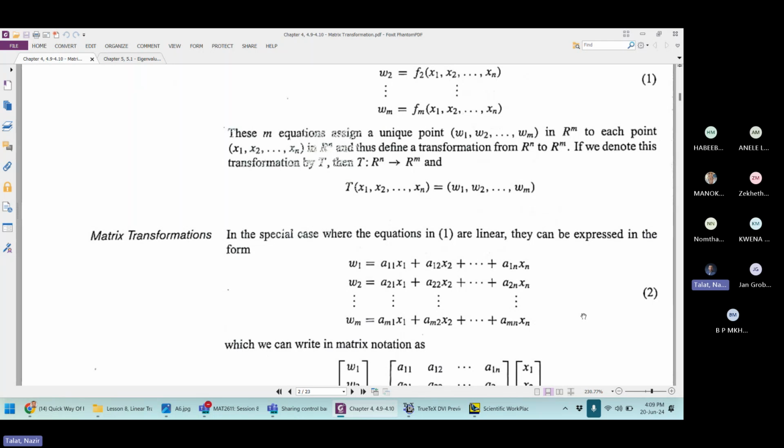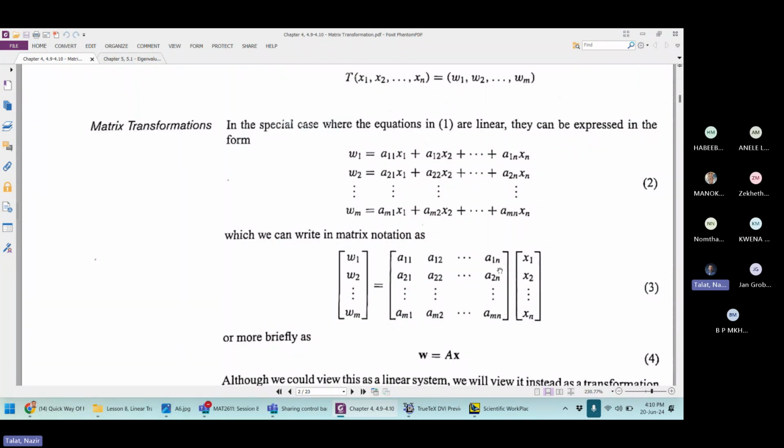For instance, we can see that w1 is equal to a11 x1 plus a12 x2 plus up to a1n xn. Similarly, w2 is in this form. So we can take x1, x2 as common and write it in matrix notation.